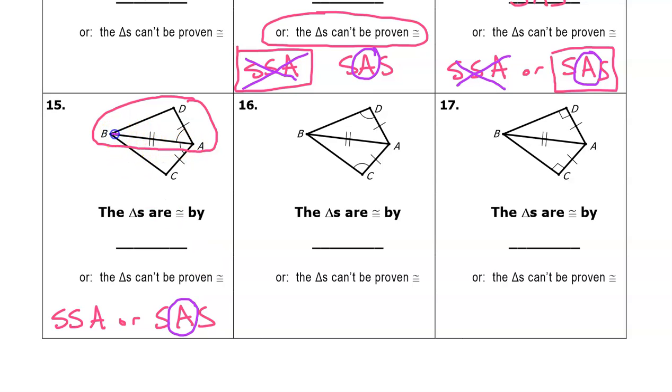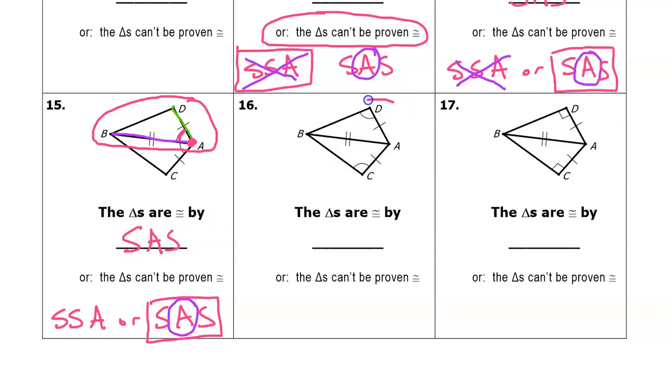So here's one side that is marked congruent. Here is another side that is marked congruent. Look where they meet. They meet right here. Now, is that the angle that is marked congruent? Yes, it is. So the angle is between the two sides, which makes this a side angle side situation.